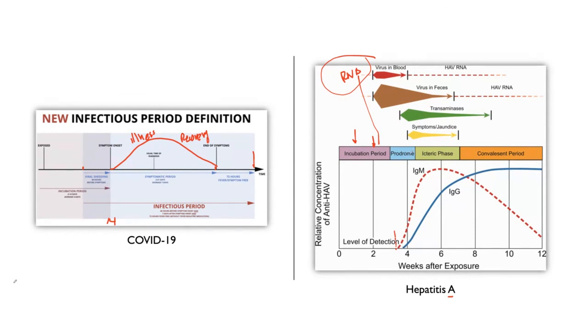Now, when they start having the prodromal symptoms, start feeling bad, nausea, anorexia, is when you can detect some antibodies, for example, IgM antibodies. Then when they develop jaundice, you can detect other types of antibodies. And then they have the convalescence period.